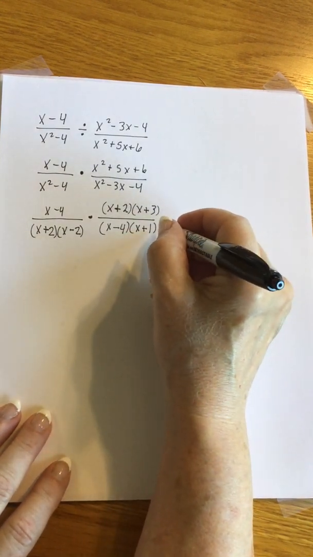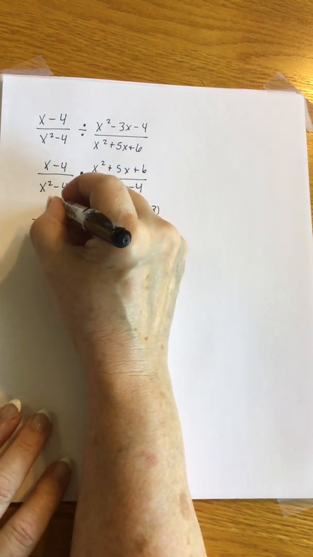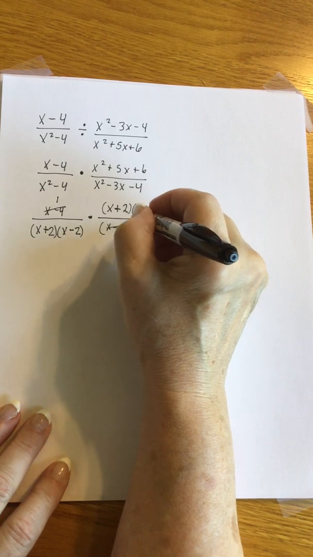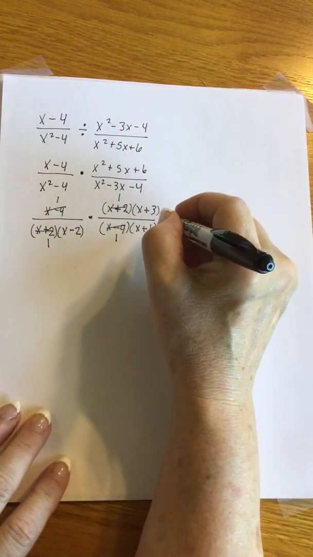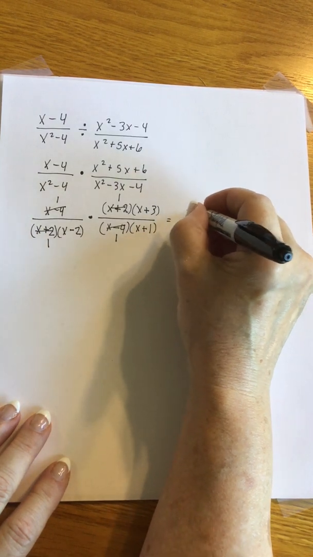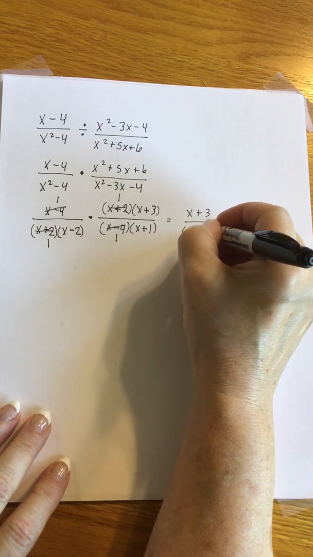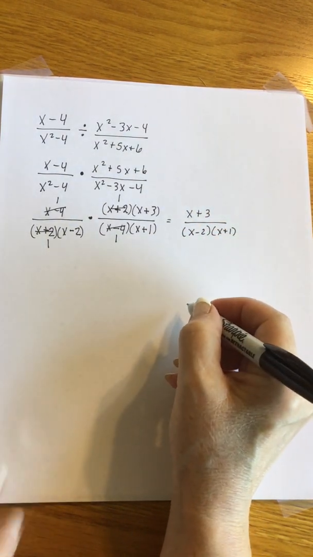So now again, we're looking for factors that are going to cancel out to be 1. Divide out 1 here and 1 here. We can see x plus 2 will divide out with x plus 2. And then we're left with (x plus 3) over (x minus 2)(x plus 1).